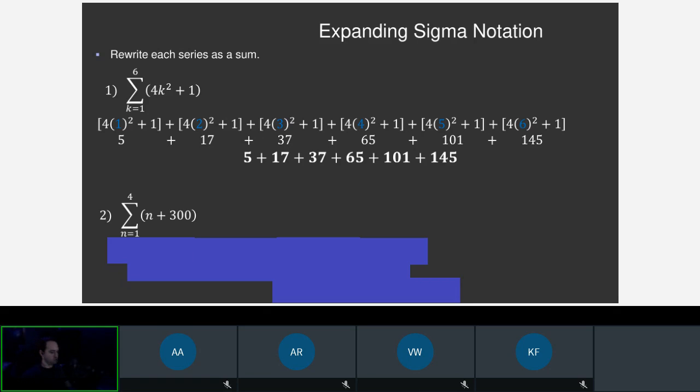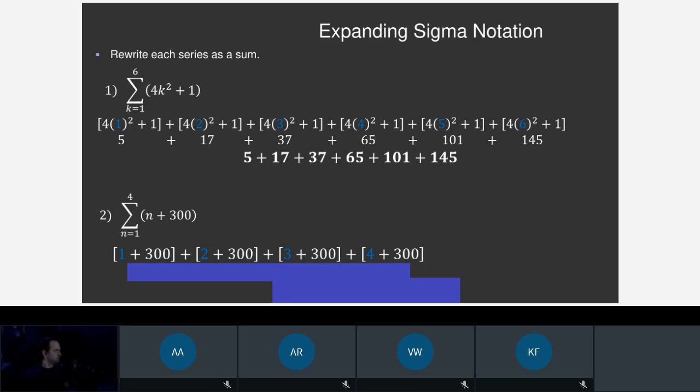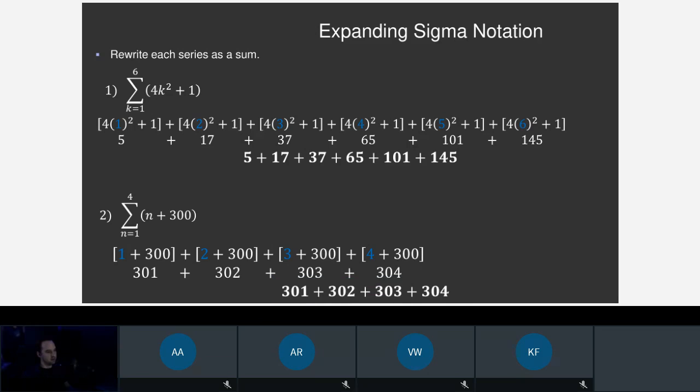Okay, I'm just going to show what you should have had from n equals 1 to 4. So you should have 4 terms set up just like that. And then you just do the basic math. Hopefully you didn't type it in because 300 plus 1 is 301, 300 plus 2 is 302, and so forth. So super easy. And then if I ask you for the final answer, you just add those together.